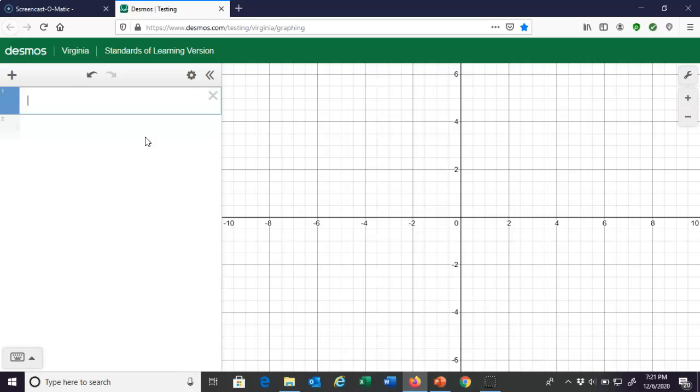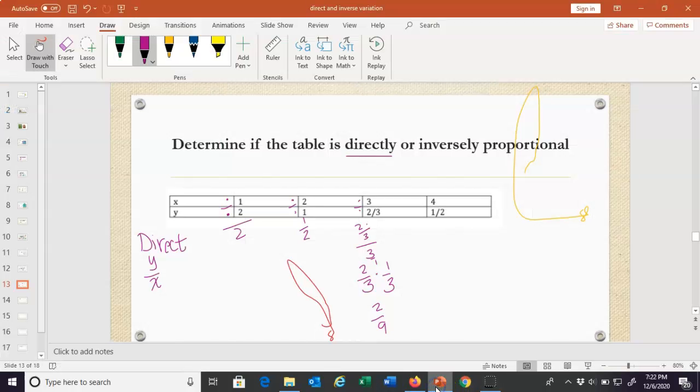Let's do parentheses. 2/3 divided by 3. There we go. It is 2/9. Exactly what we have here.